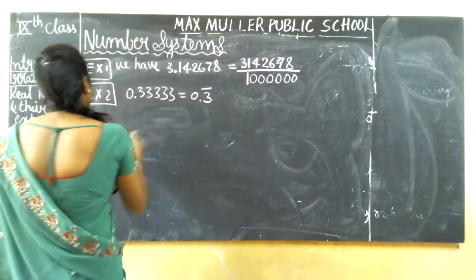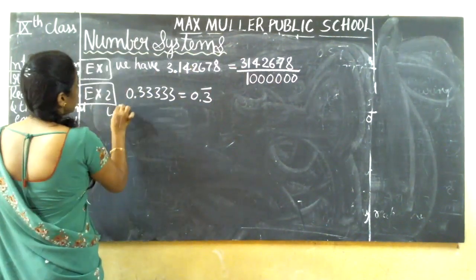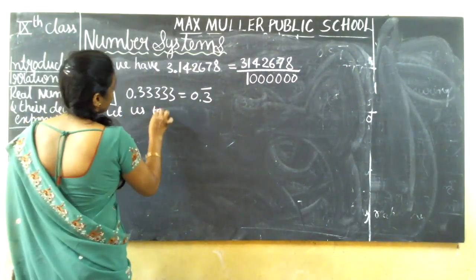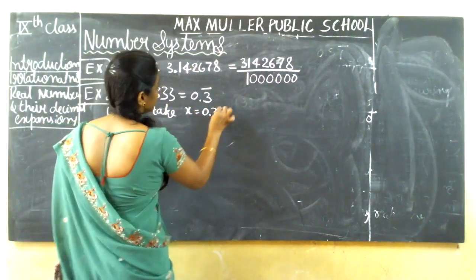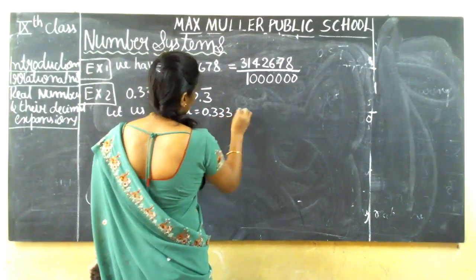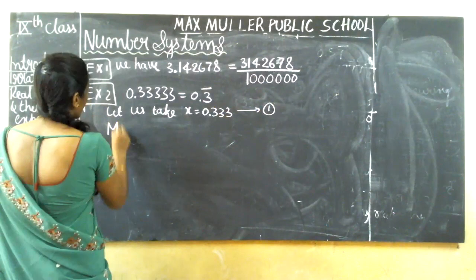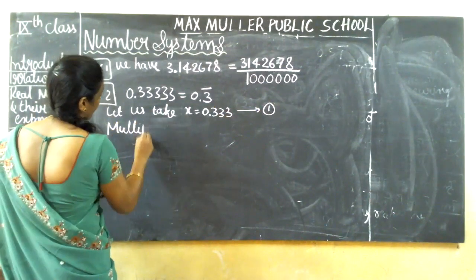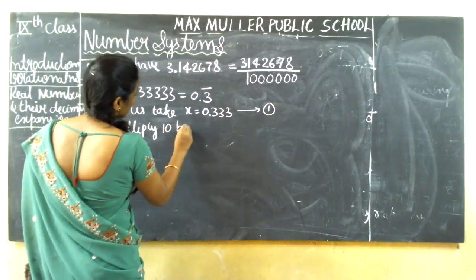So, what will we do? We don't know what this is. So let us take x is equal to 0.333... I am going to take this as equation 1. Next, multiply by 10 on both sides.